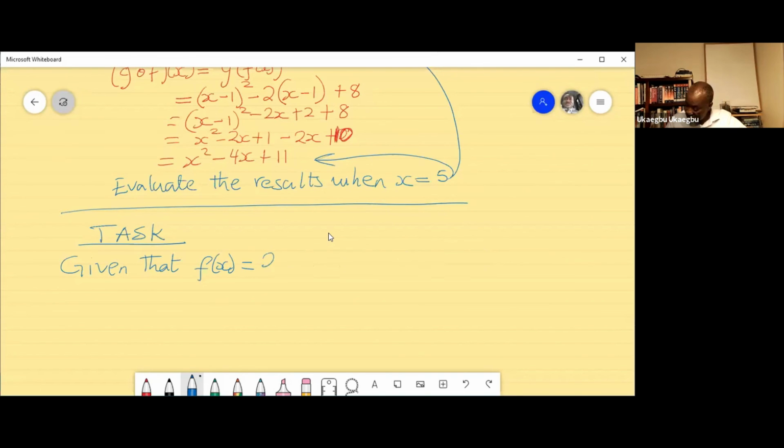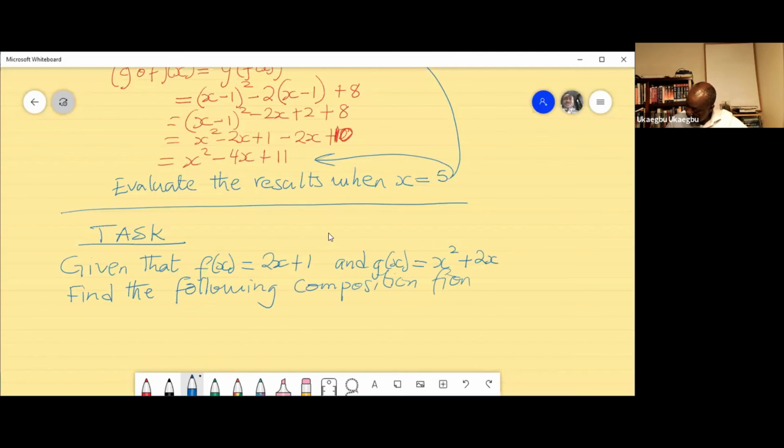Okay, determine the following. You can say determine, find the following composition functions.